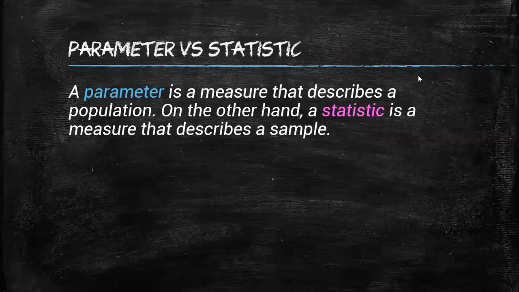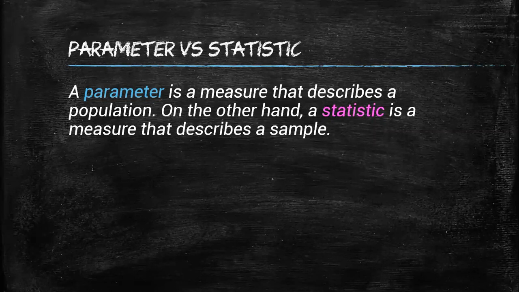So a parameter is a measure that describes a population. On the other hand, a statistic is a measure that describes a sample. So, kapag pre-process po natin ang ating population, yung mga data na nandoon, and ginamit natin yung mga scores or data na binigay ni population in order for us to get its statistical measurements, that is what we call a parameter.